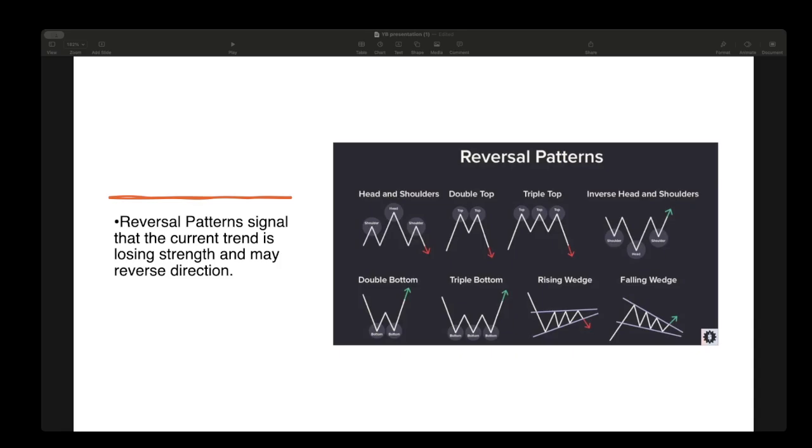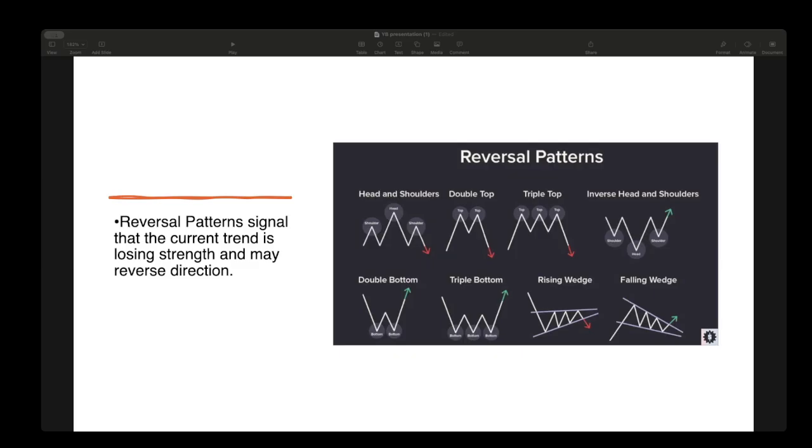All right, so reversal patterns signal that the current trend is simply losing strength and may potentially reverse direction. Now, if you guys know the way that I trade, you know that I don't like trading off of patterns, right? A lot of people think that stocks move the way they do because of patterns. That is not correct.